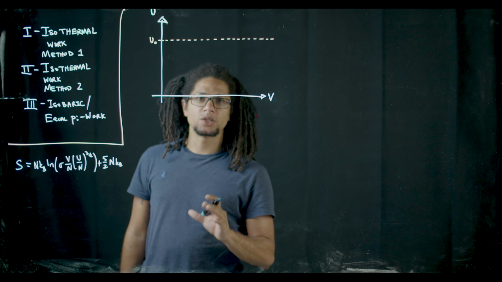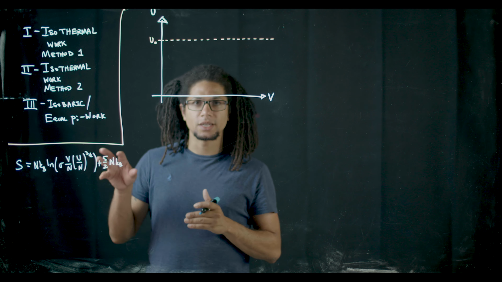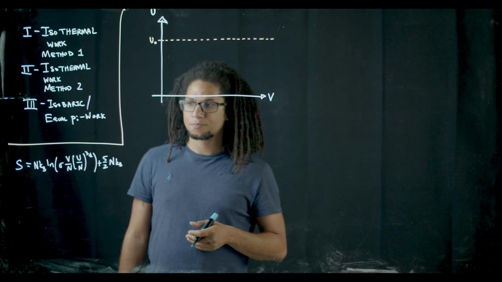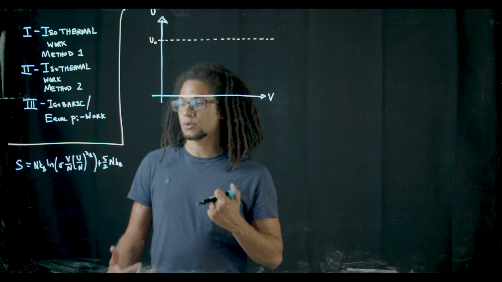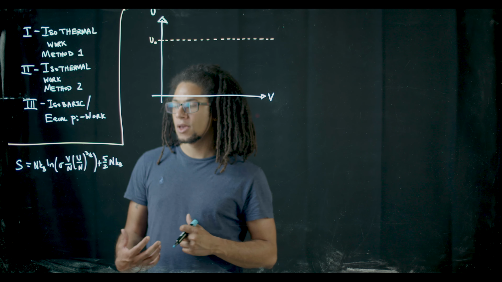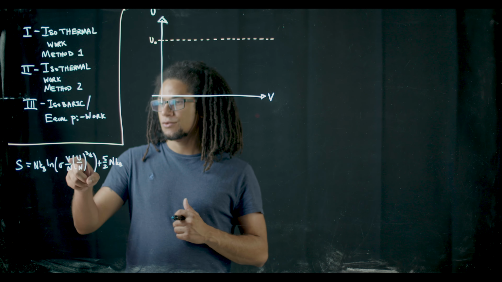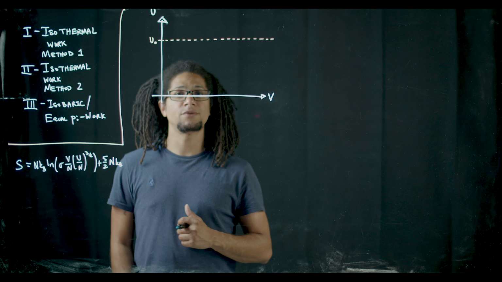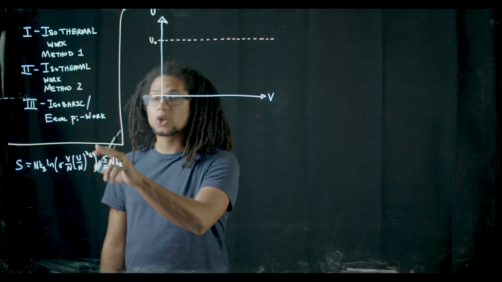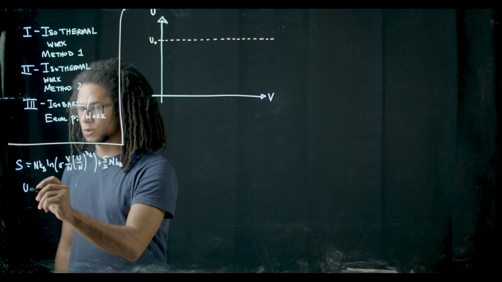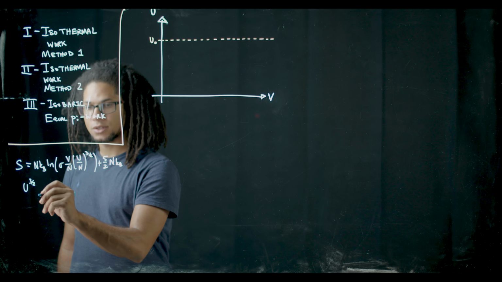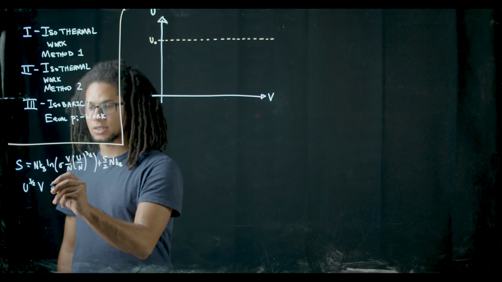Now imagine that we want to do an adiabatic work operation on this system while fixing N. In other words, we want to change U and V at the same time in such a way that we don't change the entropy. What we can see here is that this V times U to the 3 halves power in the argument of the logarithm must stay the same. So that implies that U to the 3 halves times V is a constant.